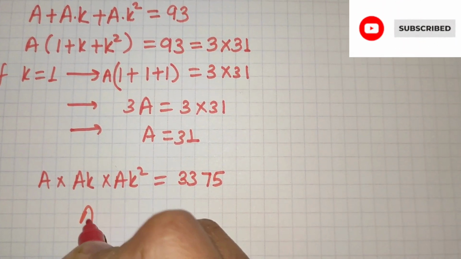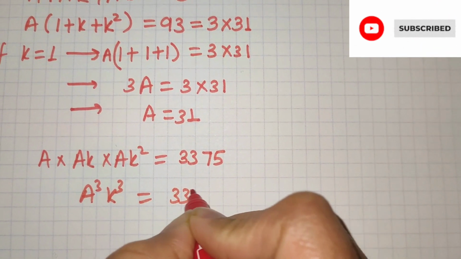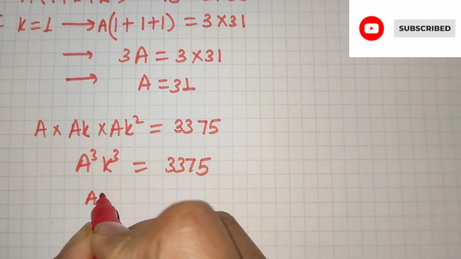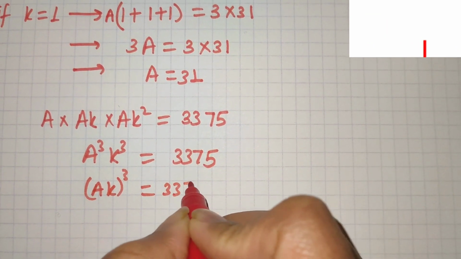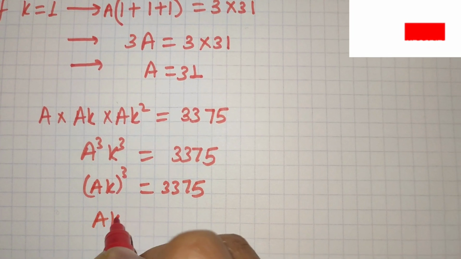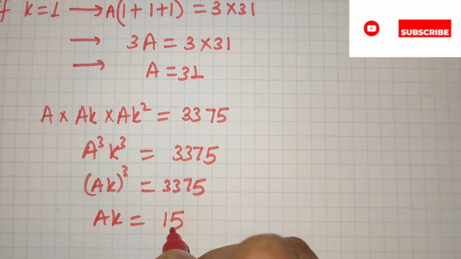Now that will be a cubed k cubed equals 3375. That can be written as (ak) cubed equals 3375. Now just take the cube root on both sides. That will give you ak equals the cube root of 3375, which is 15. You can use a calculator.